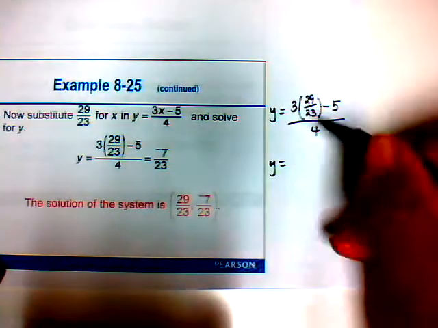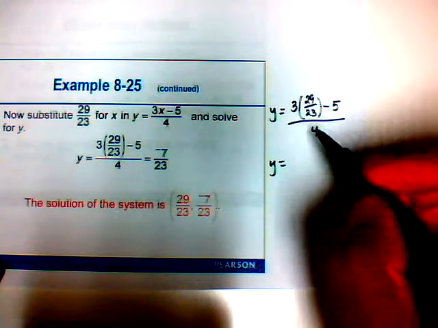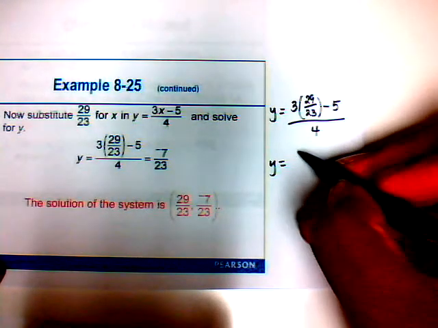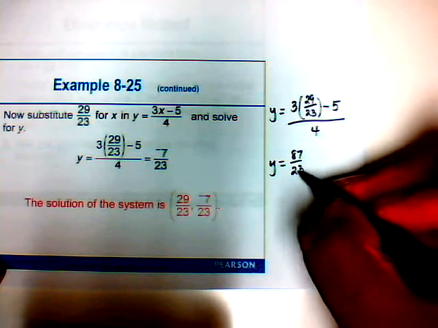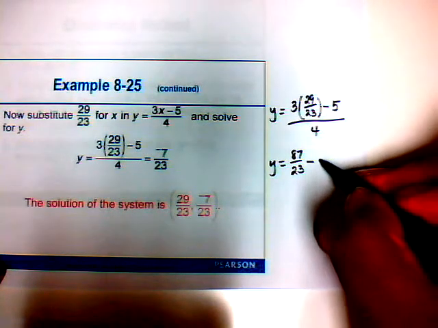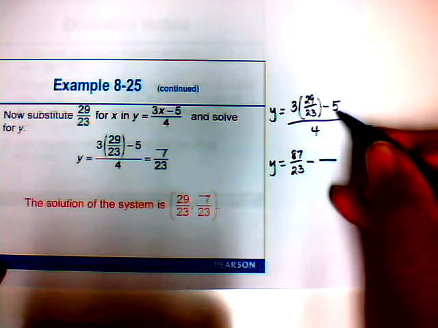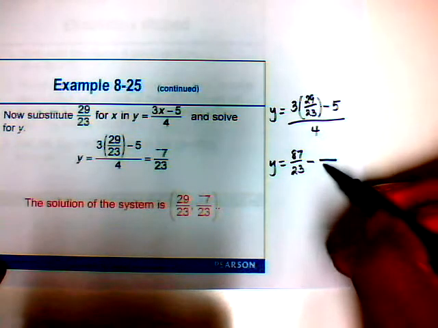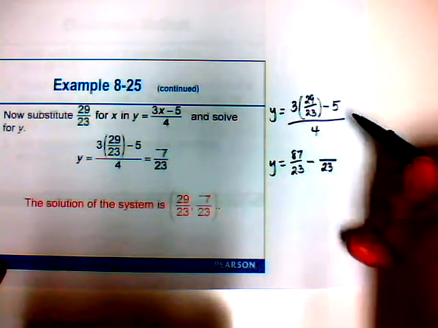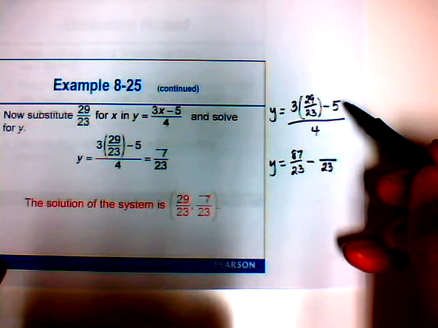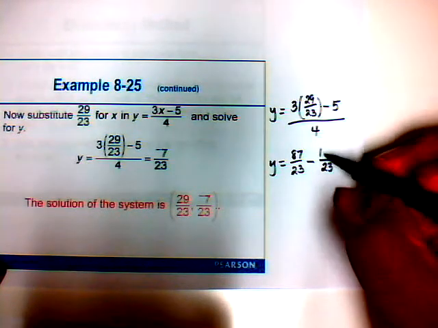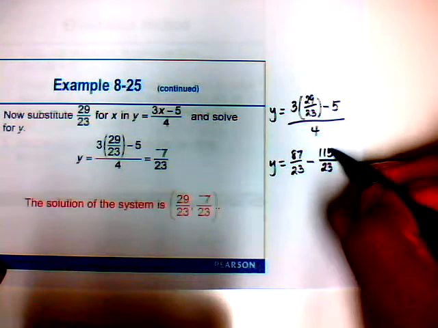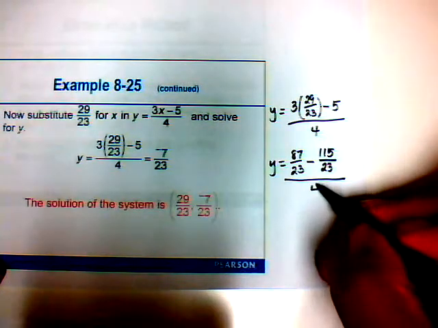Okay, now that numerator, multiply 3 over 1 times 29 over 23. You're going to get 87 over 23. Minus. Now for 5 over 1, the common denominator is 23. If I multiply 5 times 23, I'm going to get 115 all over 4.